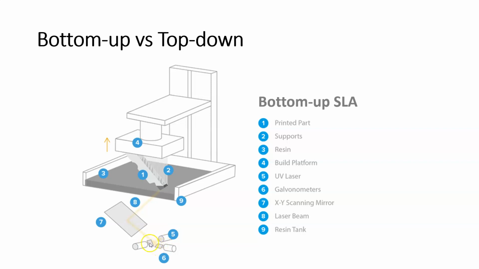The galvanometers, really, remember, the galvanometers are mirrors that are moved accurately to provide the desired reflection for the laser to trace out the shape on the build platform. And then we have a reflecting mirror right here. Okay, so that's an example of a bottom-up process.